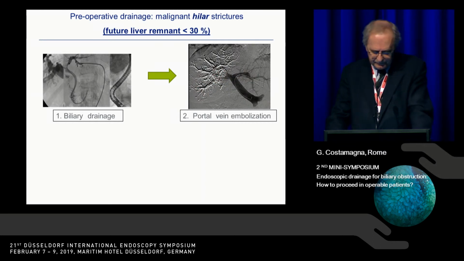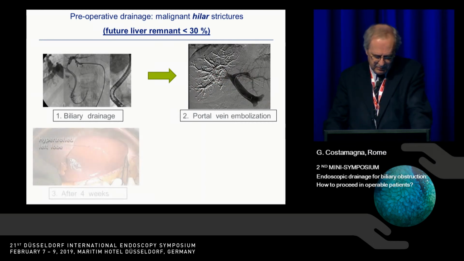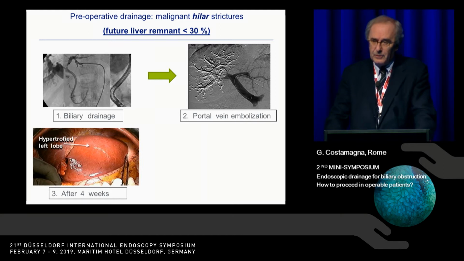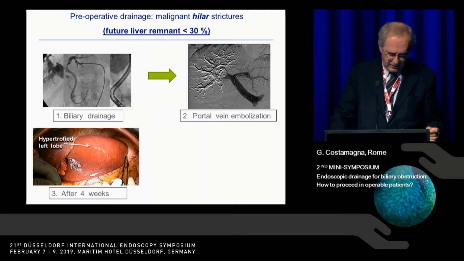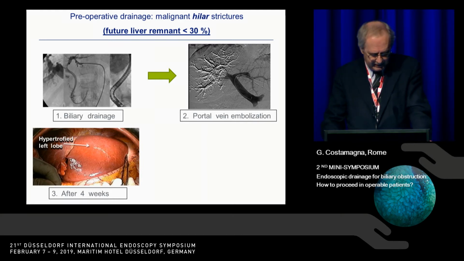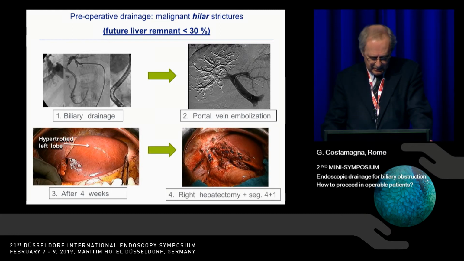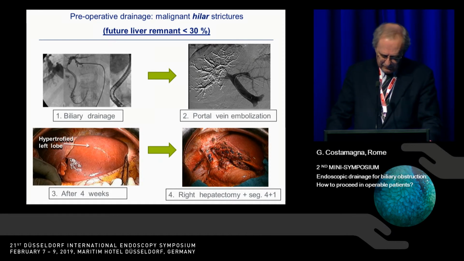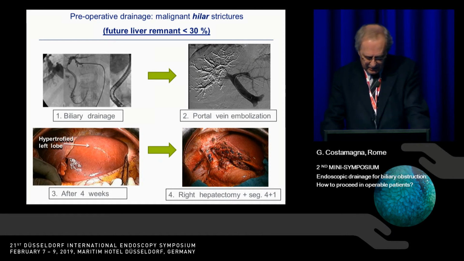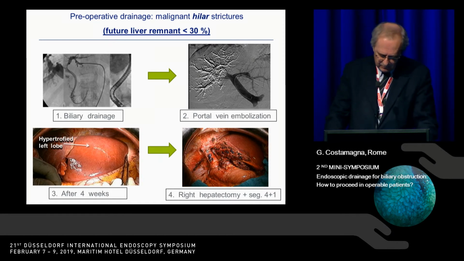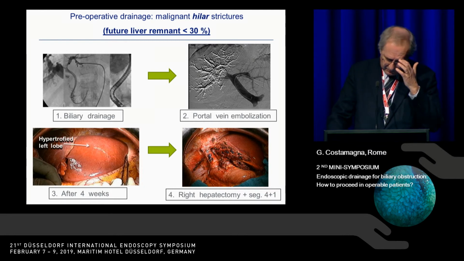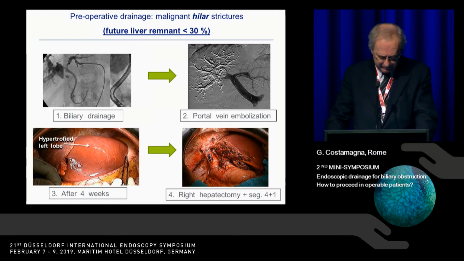And after, that's the result of a portal vein embolization. After 1 month, after 4 weeks, usually you get a hypertrophied liver remnant, and then you can proceed to a very extensive resection, like in this case, an extended right hepatectomy to segment 4 and to the caudate lobe.